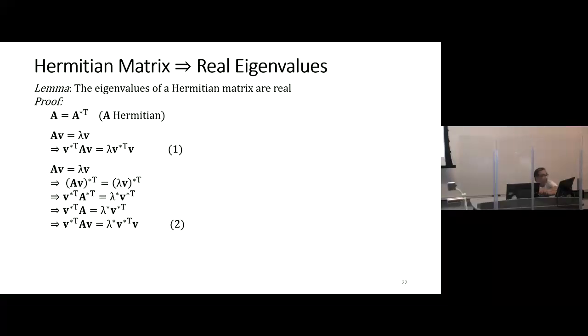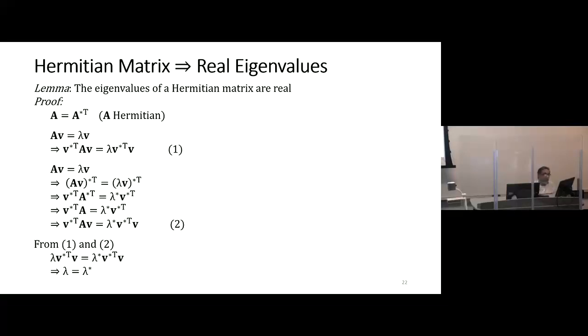Look at the left-hand side of equation 1 and equation 2. The left sides are equal now. What's the difference? Here we have lambda, and here we have lambda star. So lambda times this equals lambda star times this. Whence lambda equals lambda star.